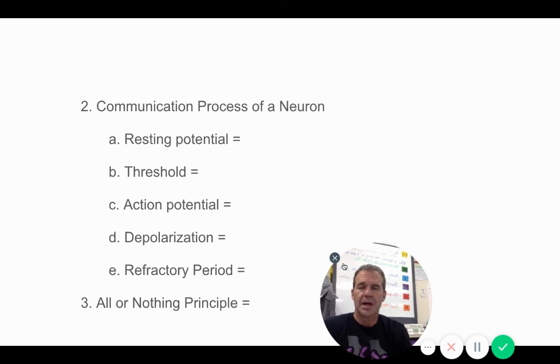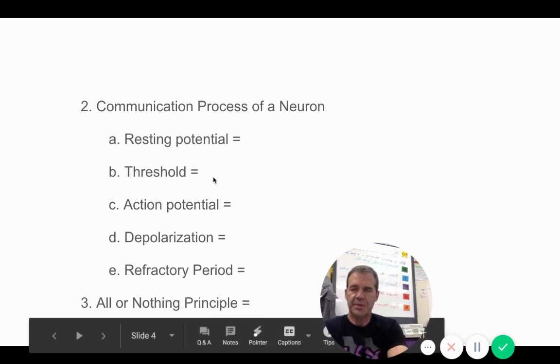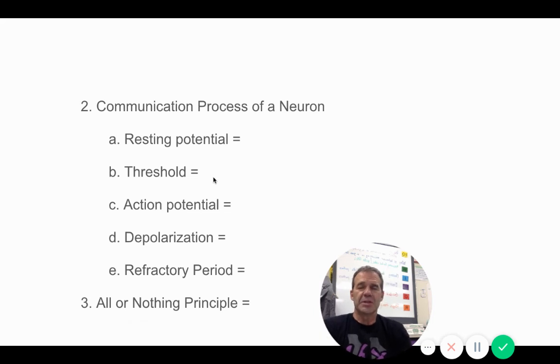Okay? One way to remember the communication process of a neuron is to consider a toilet, okay? So if someone goes into the bathroom, they walk in, they look at the toilet, and the toilet is at rest, right? It's not flushing on its own. It's just there. Then a person does whatever they have to do, and they push the lever on the toilet, right?